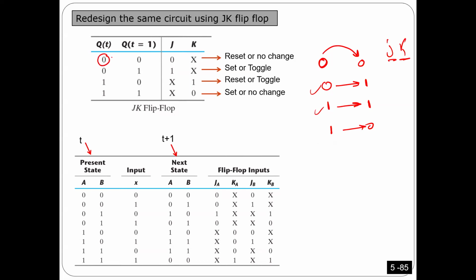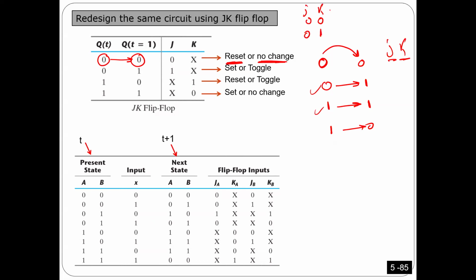Okay, so let's see. Look here, guys. If the current state is 0 and next state is 0, remember how this can happen in JK flip-flop. 2 cases, not 1 case. For this to happen: either no change or reset. No change, JK means 0, 0. Reset means 0 and 1.